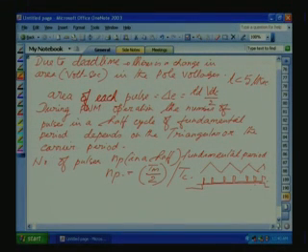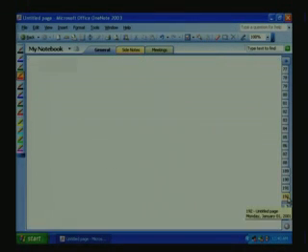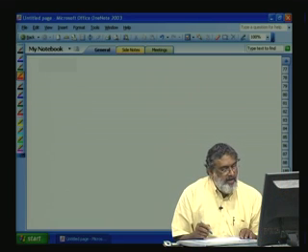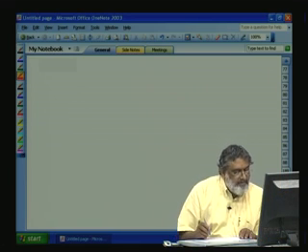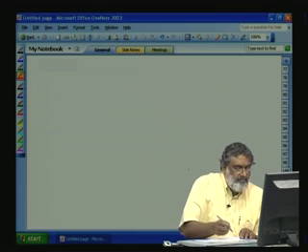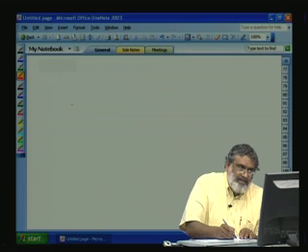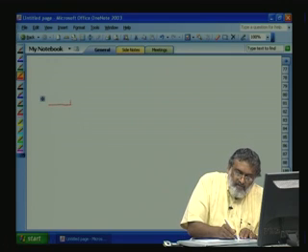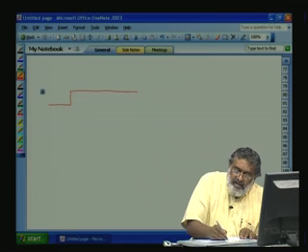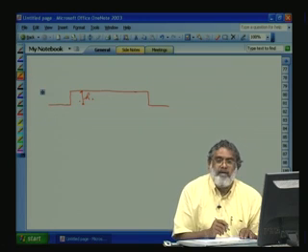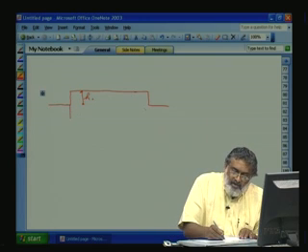So, let us find out the area of the pulses. Area of the pulses, the height: see, these pulses we can approximate to a rectangular pulse of height h, and this period is equal to Tm by 2.